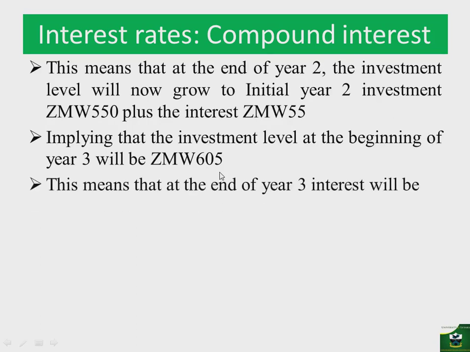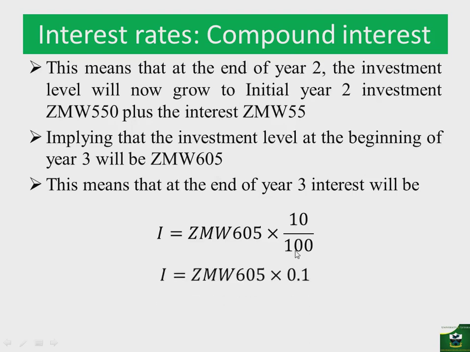If we obtain the interest at the end of year 3 using our computation, the interest will be the 605 which you are putting in at the beginning of year 3 multiplied by 10%, which is 10 over 100, or simply put 0.1. So you have 605 multiplied by the 10% interest, which will give you the interest of 60.5 kwacha.